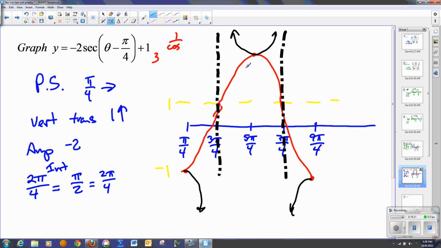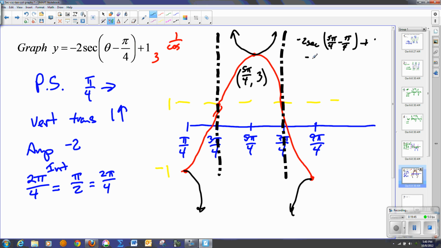And just to make sure I got this right, I'm going to check one of these points. I'll check 5 pi over 4 and 3 and make sure that exists in this graph. So here we go. I take negative 2 times the secant of 5 pi over 4 minus pi over 4, and then I'm going to add 1 to that.